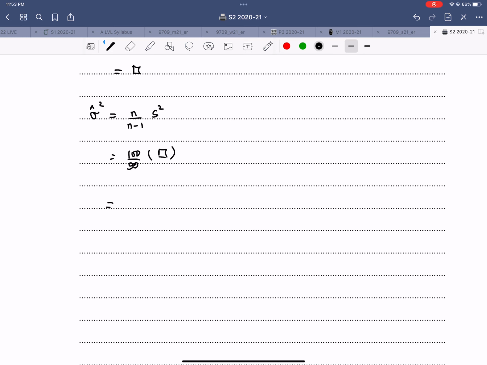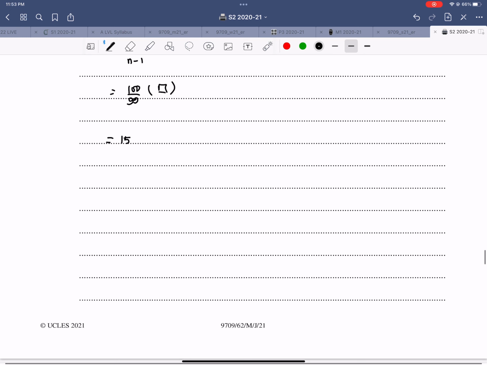Of course, this is for calculation purposes. For this part, this comes out to be 152, correct to 3 significant figures. But for other calculations, you have to use this value.